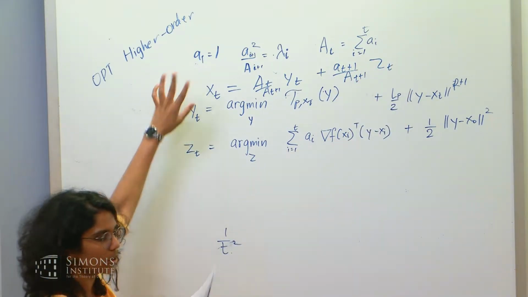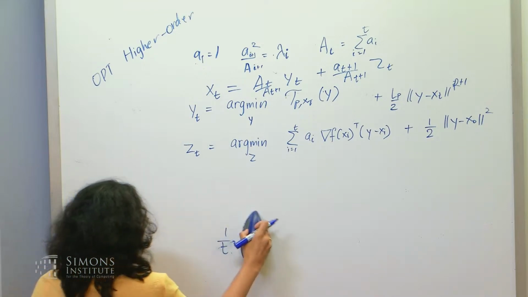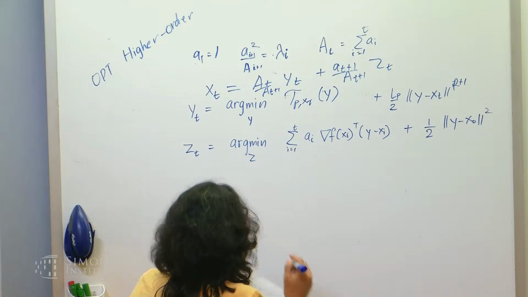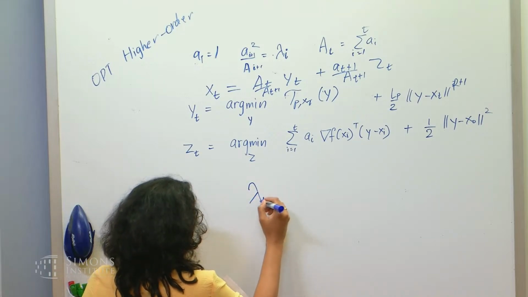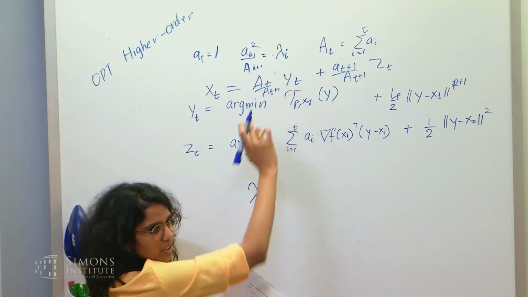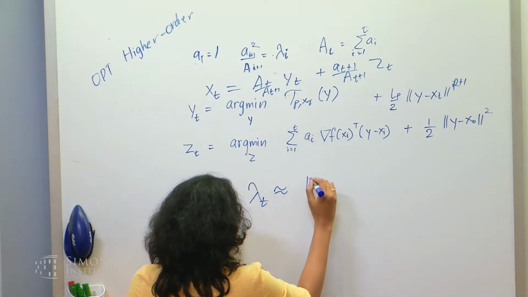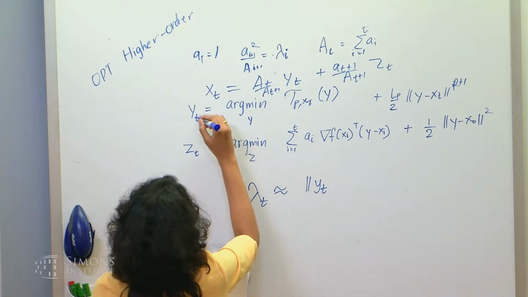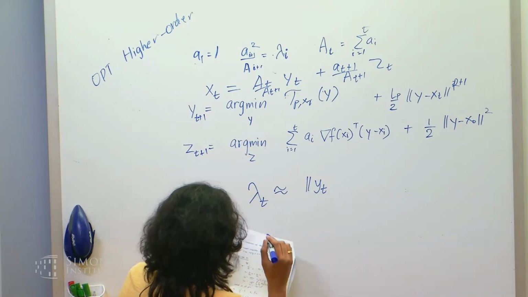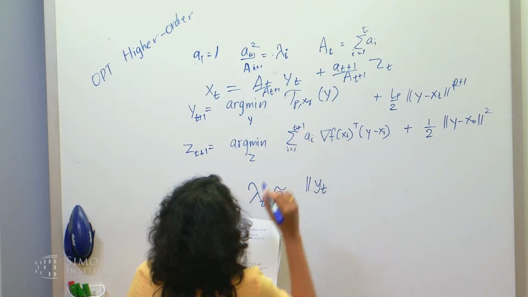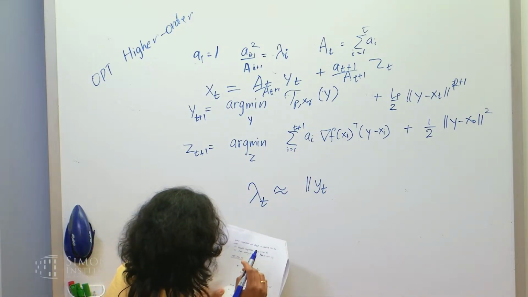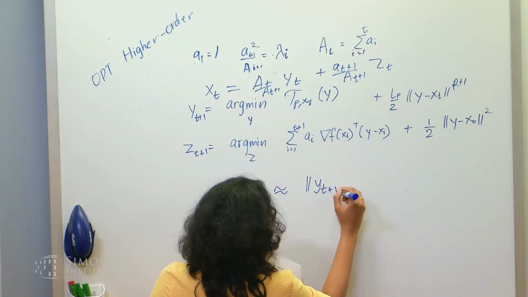The first thing is we do this, and I'm also going to be a little hand wavy and say that lambda t, the thing I've not defined yet, is something like y_t plus 1.